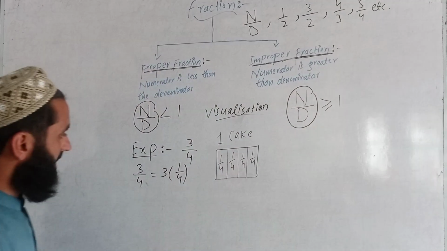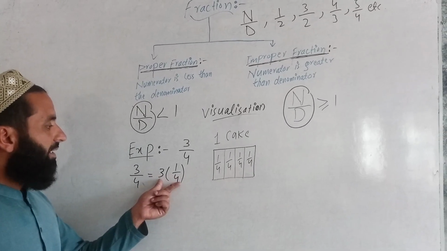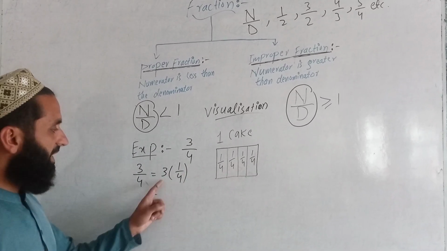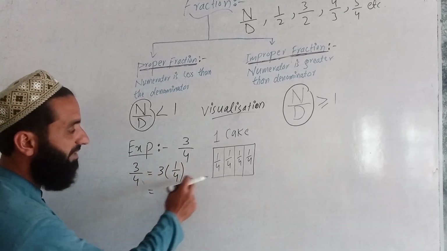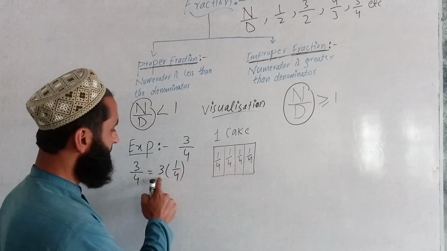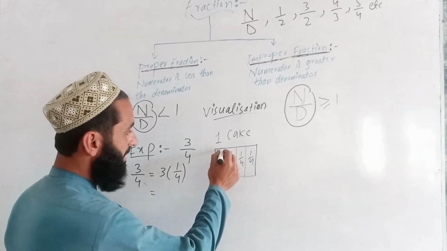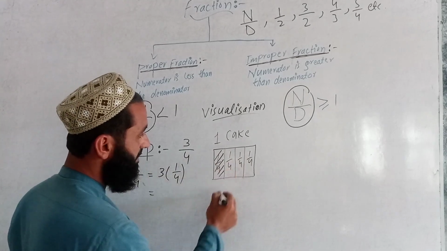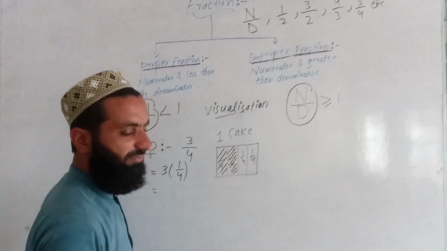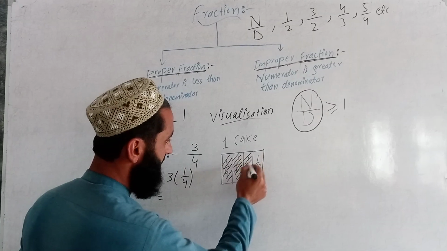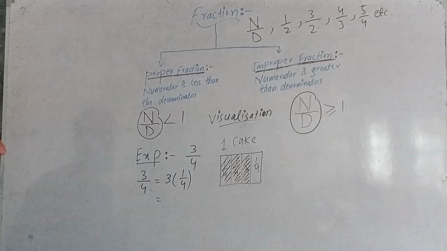Now let's come to the example. What does 3 into 1 over 4 mean? 3 divided by 4 means 3 times 1 by 4. How many times? 3 times 1 by 4. 1 time 1 over 4, 2 times 1 over 4, and then 3 times 1 over 4.